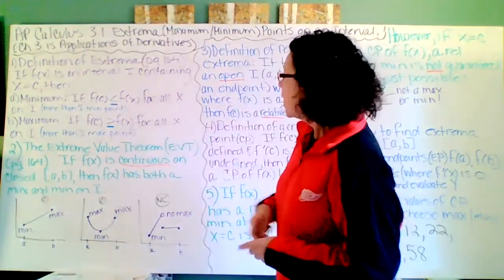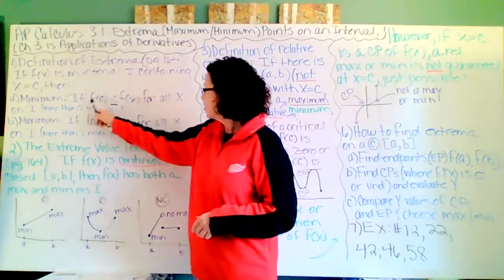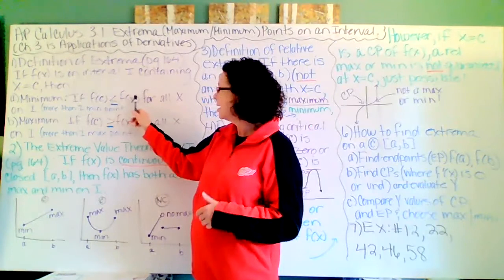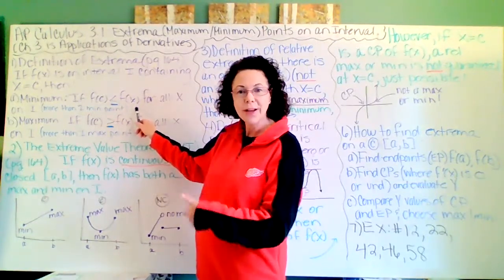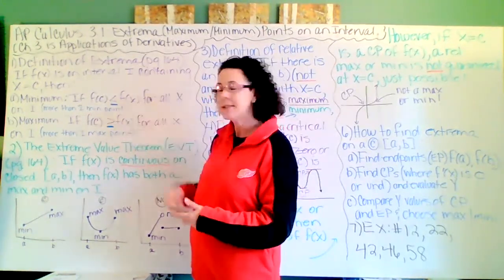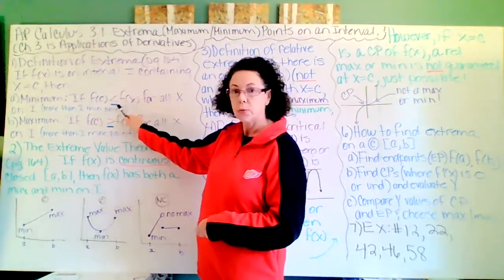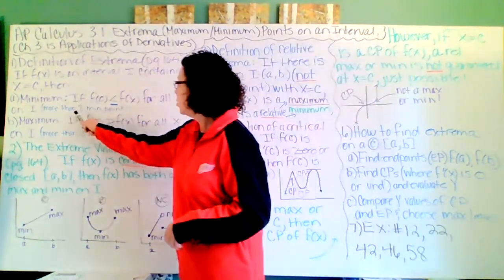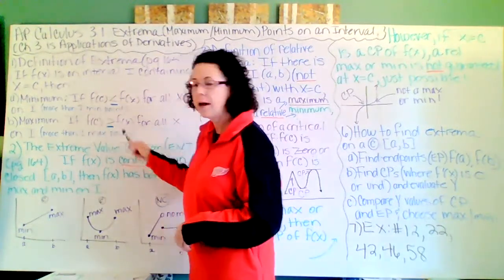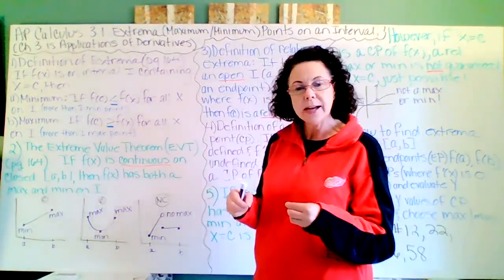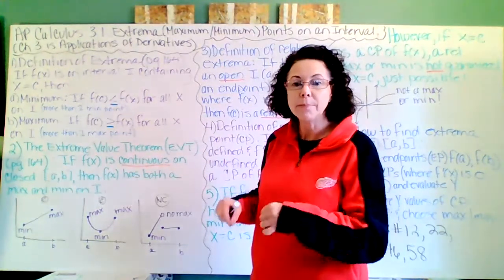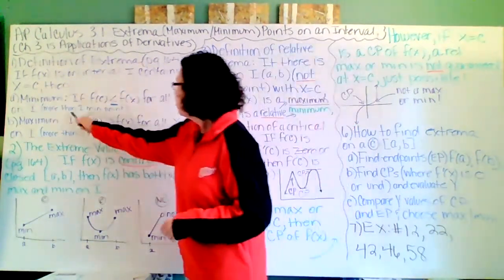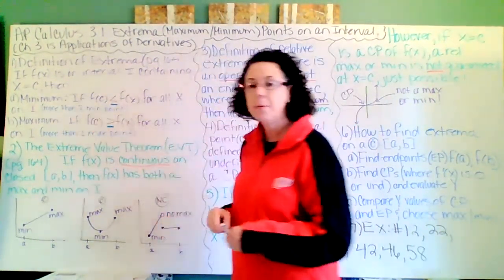Okay, so if you put a c into the function and the function value is less than or equal to any other function value for any other x on I, it's a minimum. Meaning that if you have a lowest function value, a lowest y value at 2 different x's in the interval, they are in fact both minimums. There can be more than one minimum point.